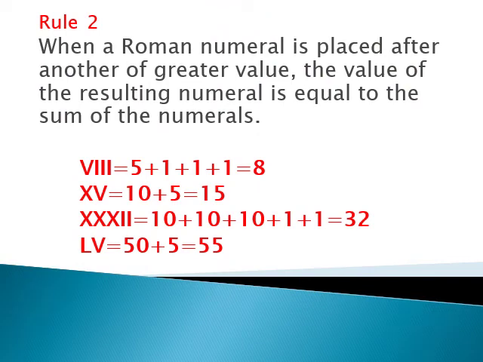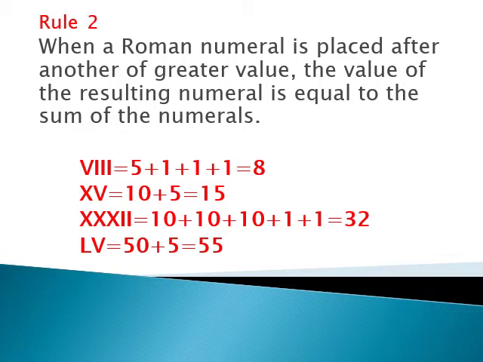Rule 2. When a Roman numeral is placed after another of greater value, the value of the resulting numeral is equal to the sum of the numerals. Now, please stress on this part of the sentence.